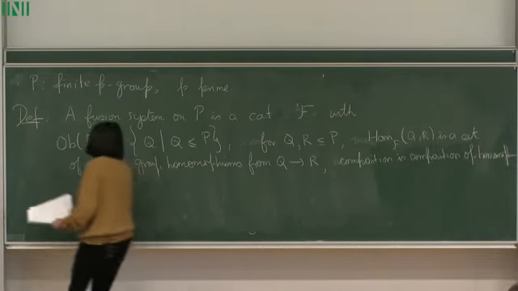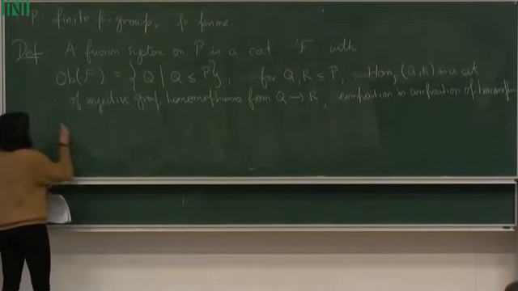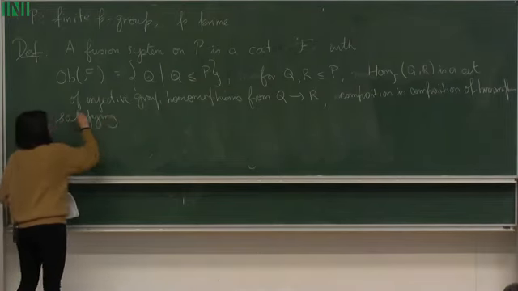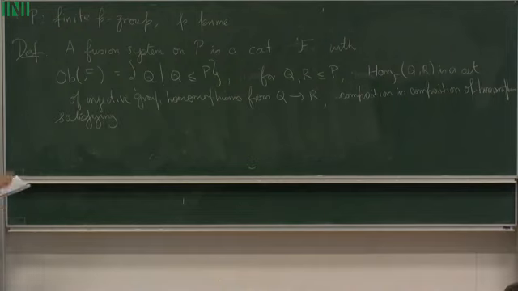Satisfying, so the morphism sets there should be enough of them in some sense. These two conditions that I'm going to write down are saying that there are enough morphisms.